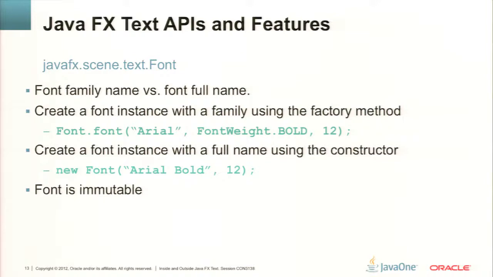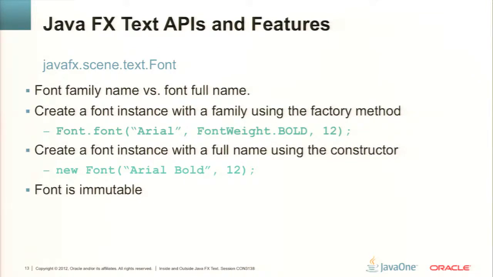Don't use the full name with the factory method, and don't expect the family name to work for the constructor. But just because the default name of Arial regular is Arial, that'll work. That might delude you, but it's not like the JDK where you would pass in either name and we'd scratch our heads, trying to figure out whether you meant a family name or a full name.